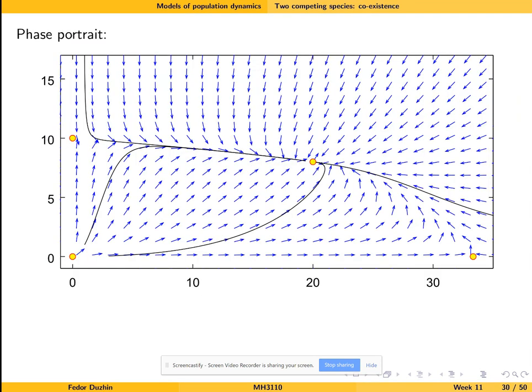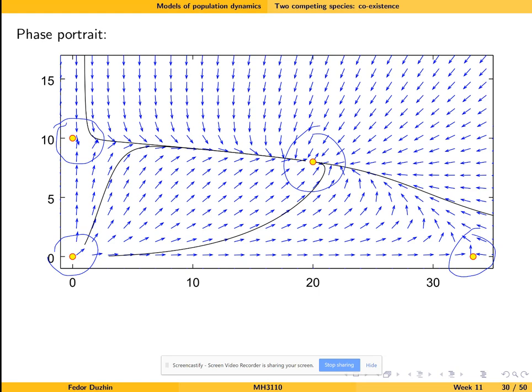So there are three other equilibrium solutions, and this 28 is here. It's possible that one of the species is at its carrying capacity and the other one is extinct. So it is these two equilibria, or both species are absent from the system.